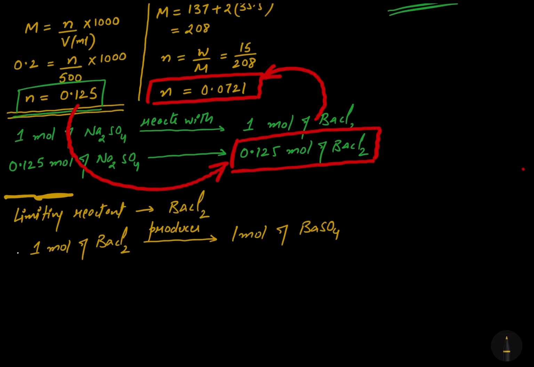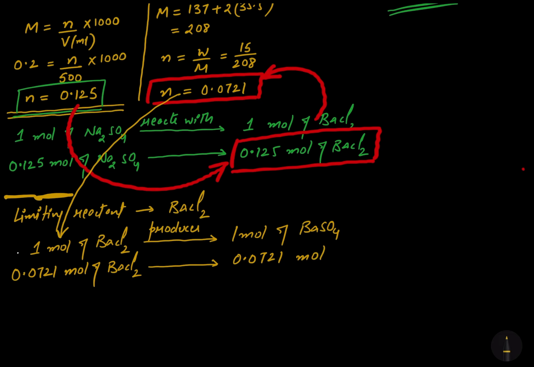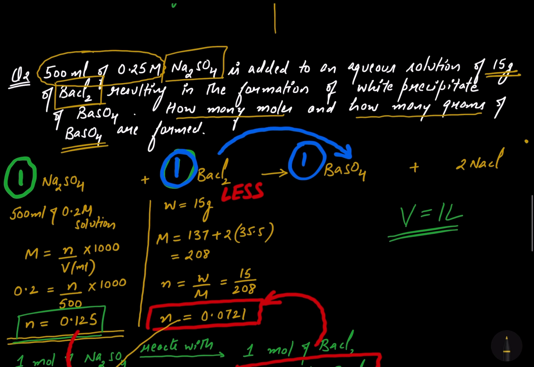That is 0.0721. I'm going to put it over here. Now, 0.0721 mole of barium chloride will give 0.0721 moles of barium sulfate. So I got my first answer: 0.0721.